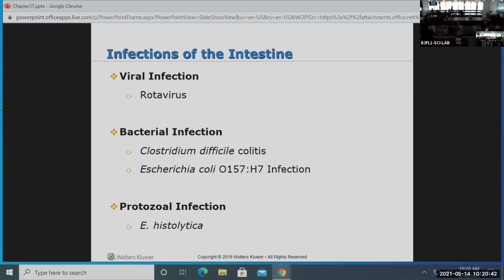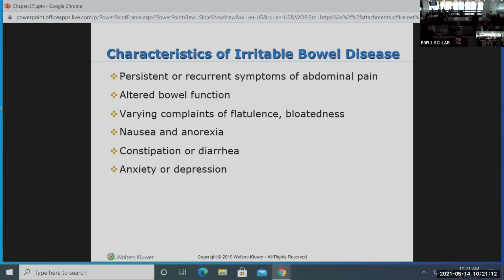Rotavirus: all of a sudden, within half an hour to 2 hours, they start throwing up. And we do have bacterial infections like Clostridium difficile. Sometimes the patient is taking antibiotics, and they do suffer from diarrhea. E. coli is also very common. Protozoal infection, we call E. histolytica.